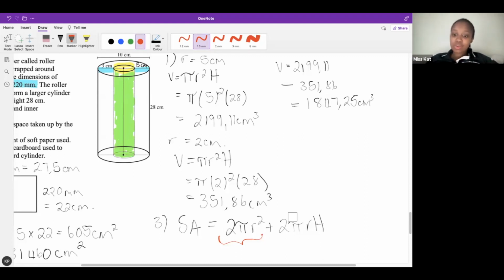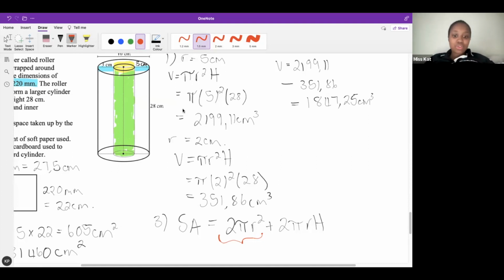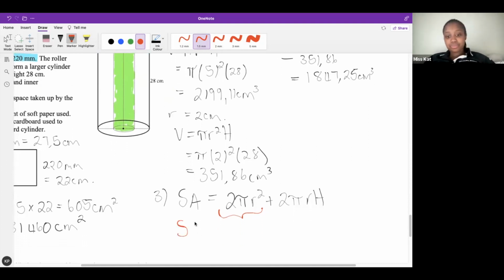No. So what do we use? We only use the 2 pi r h because 2 pi r is circumference, right? So you're saying all the way around times the height, and that's going to tell you how much of this you need. Do you see? So then the actual surface area will be 2 pi times radius times height.